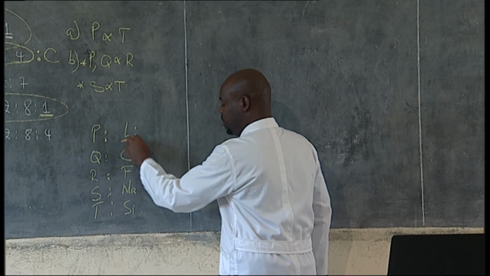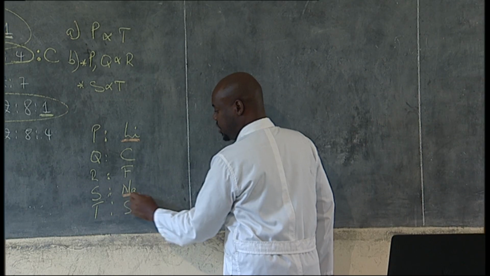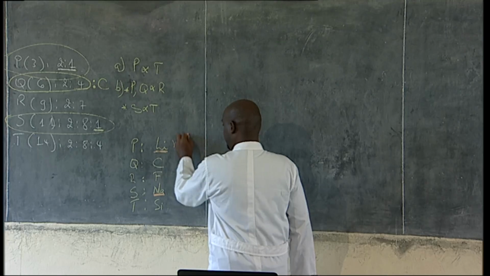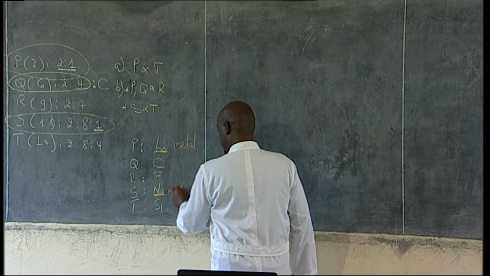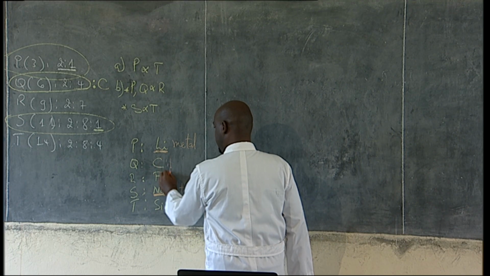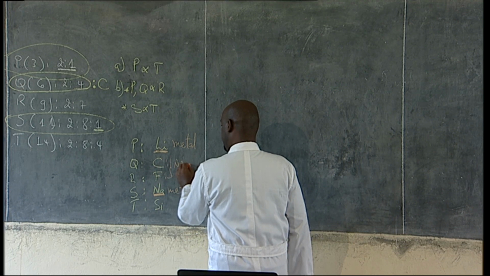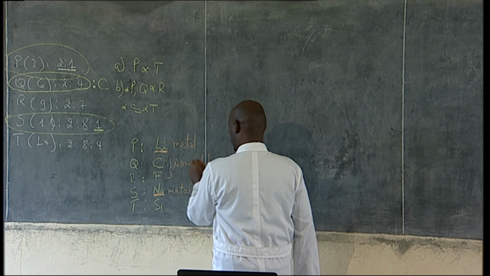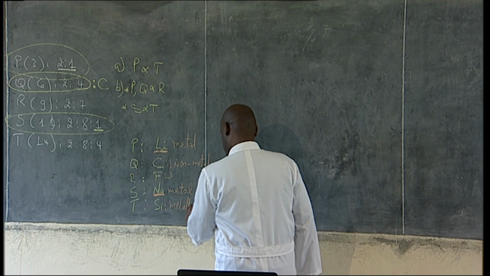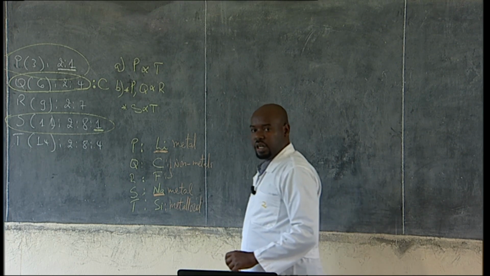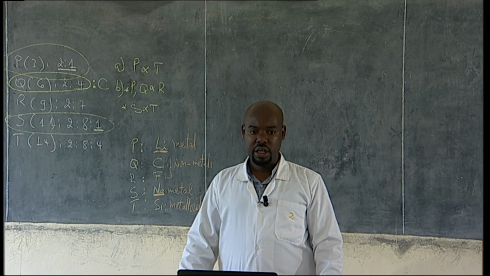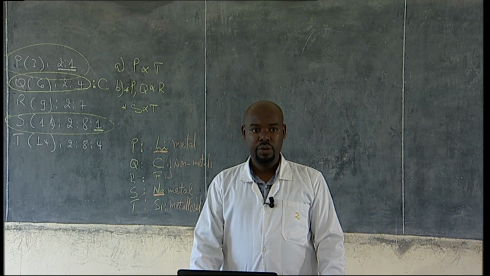Lithium is a metal, we know that, and sodium is also a metal. Carbon and fluorine are non-metals. And silicon is a metalloid. You remember the classification of elements into metals, metalloids, and non-metals. Good. We go to the next question.